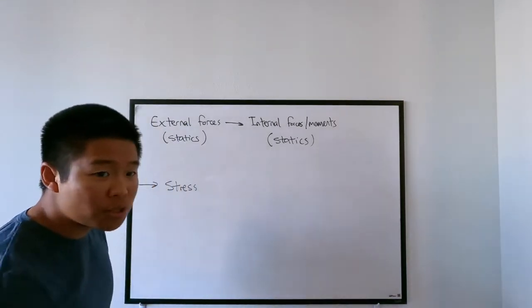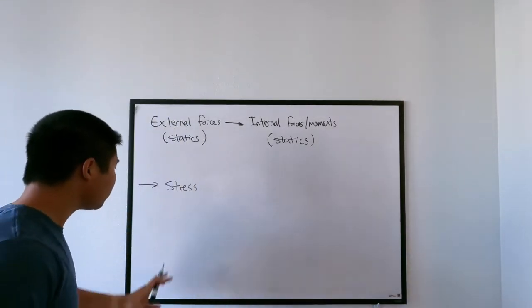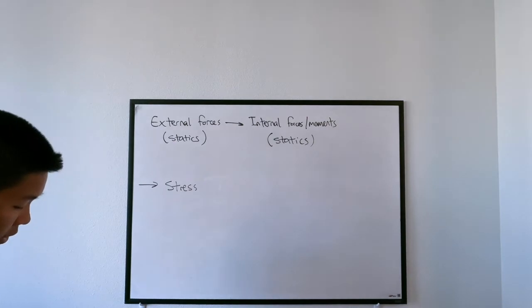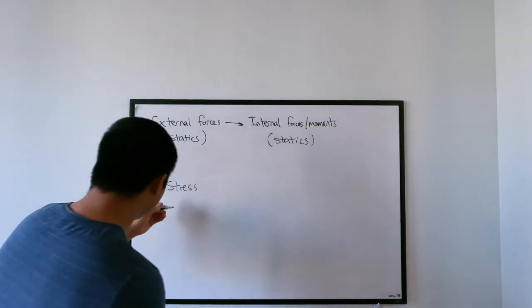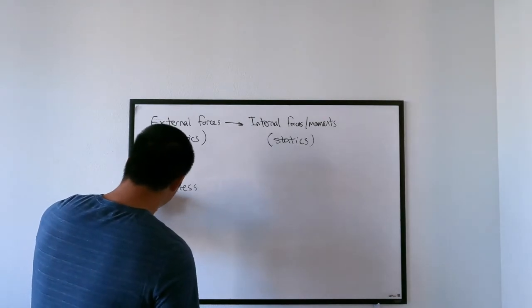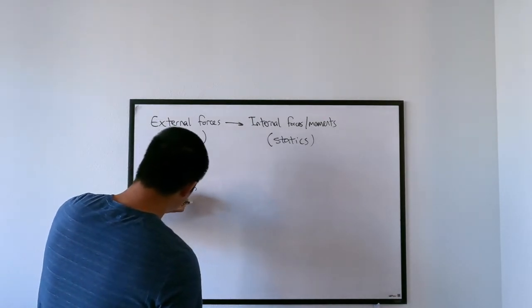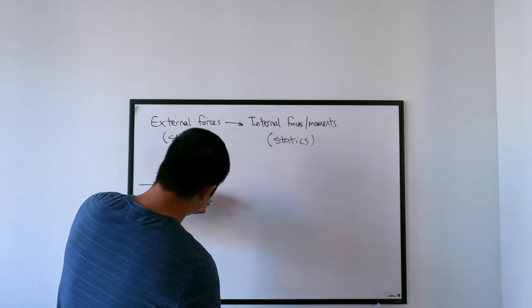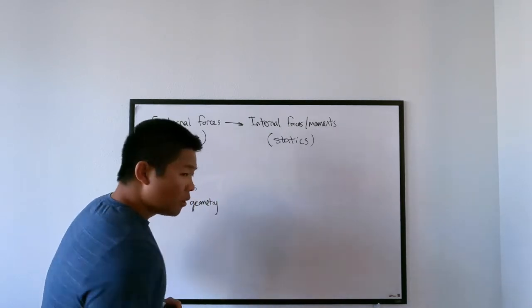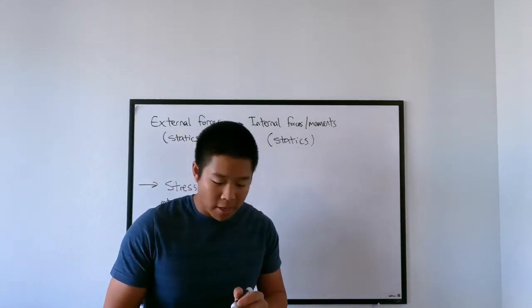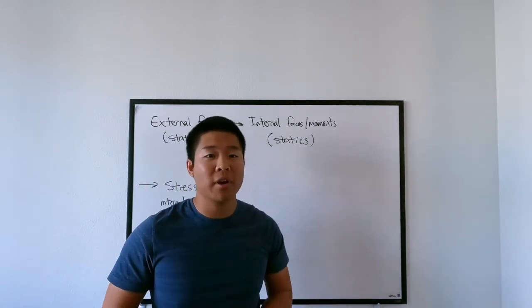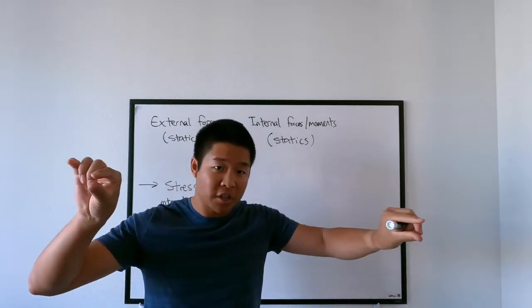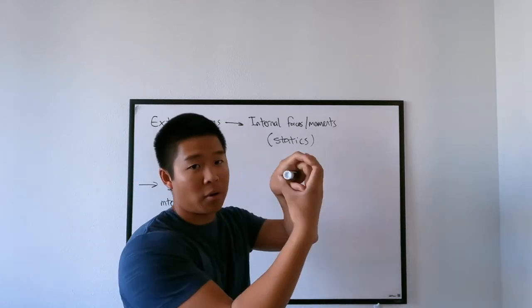When we introduce stress, when we are concerned about stress, stress is strictly based on the internal geometry. What does that mean? When we talked about the beams and pretty much everything in statics, we did not say, hey, the cross-sectional area of this section is a square or a circle.